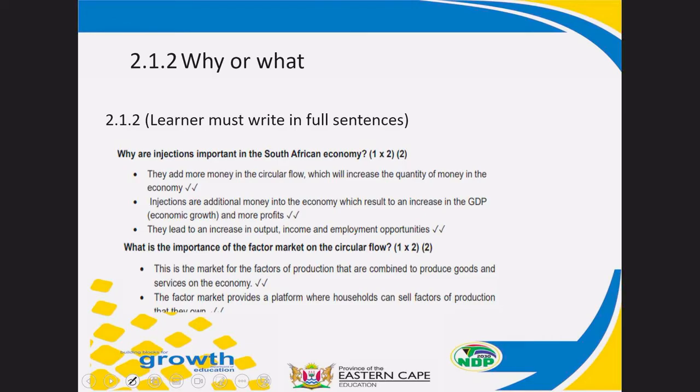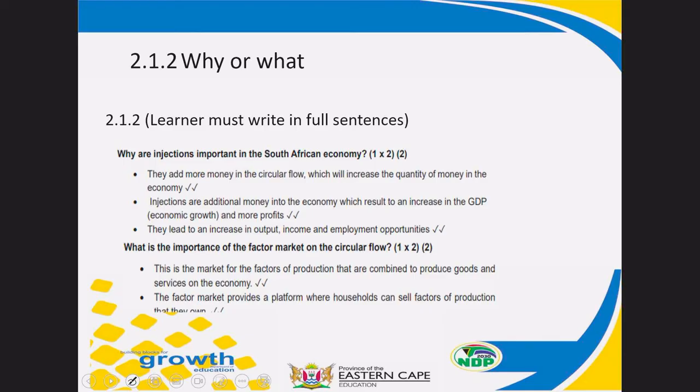Now the second question demands a little bit more of your understanding of this topic. It will be a why or what question. Here learners are supposed to write in full sentences. For example, the question we have here: why are injections important in the South African economy? You have got to give a reason why. You can't just give one word when the question says why.